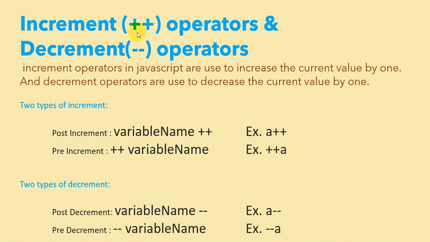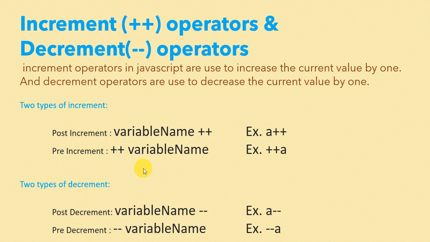We have two operators, increment and decrement, and on the basis of how these operators are used, they can be categorized into two: post-increment or post-decrement, and pre-increment and pre-decrement. So they can be used in a programming language in two manners: pre and post.